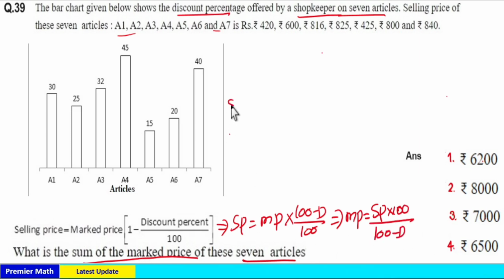Sum of marked price of 7 articles is equal to, you can take 100 as common factor into the ratio of sell price by 100 minus discount. Here 7 sell prices are given.